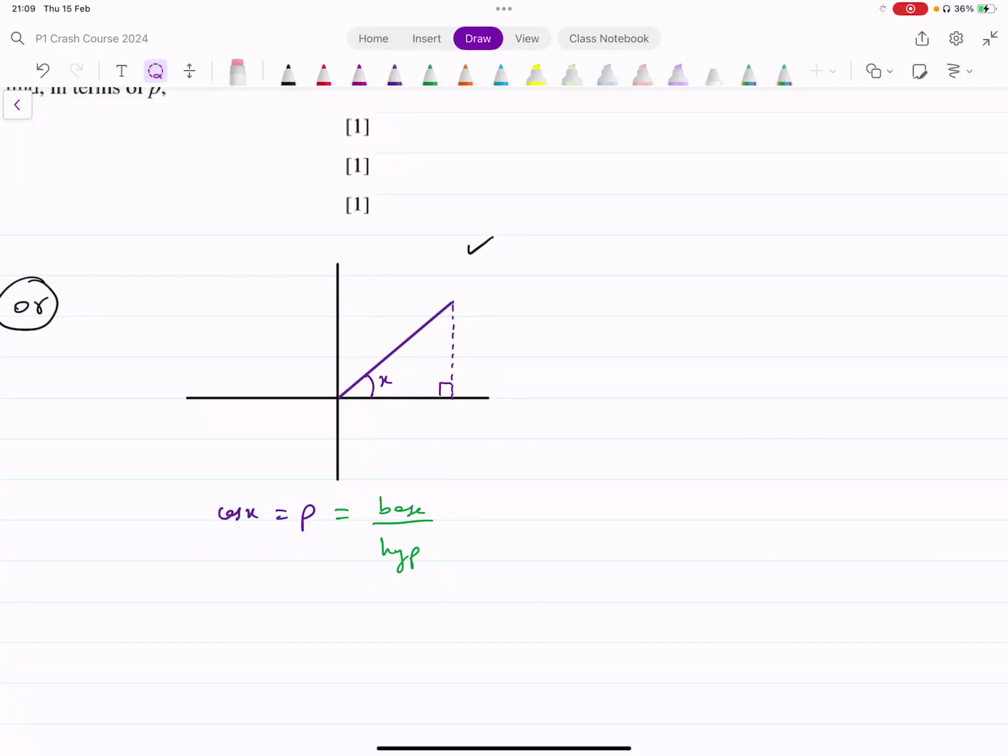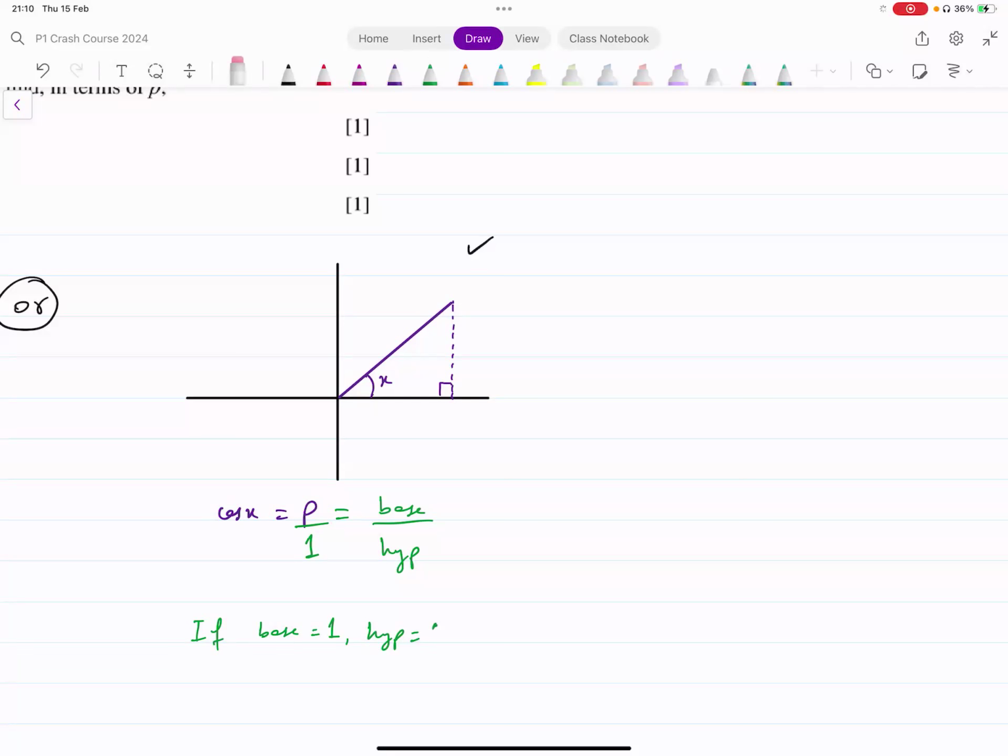Now, if this is equal to P, we can actually write P as P over 1, right? P is the same thing as P over 1, just like if you have 4 written, that's the same thing as 4 over 1. We can divide anything by 1, it will remain the same thing, right? If we write it like this, we can say the ratio between base and hypotenuse is P to 1.